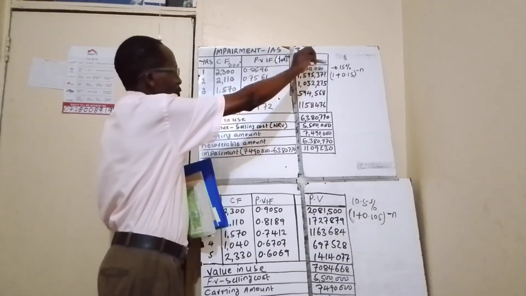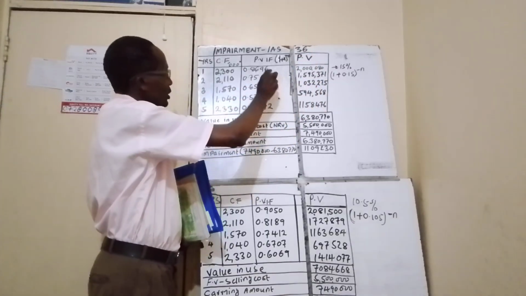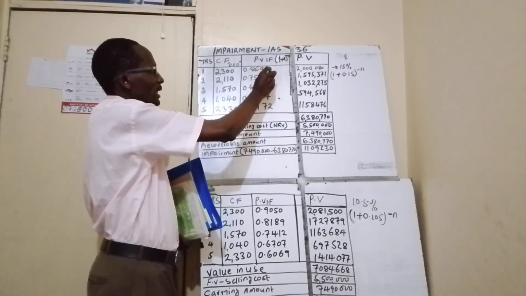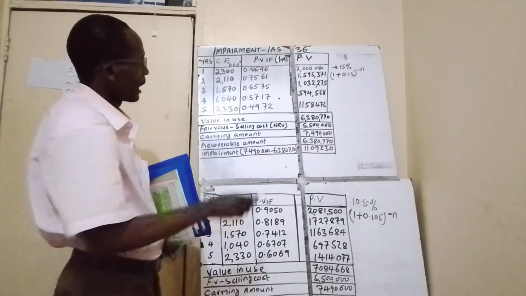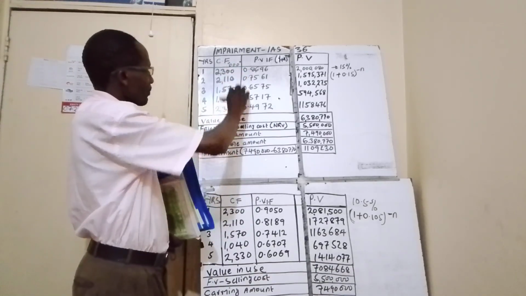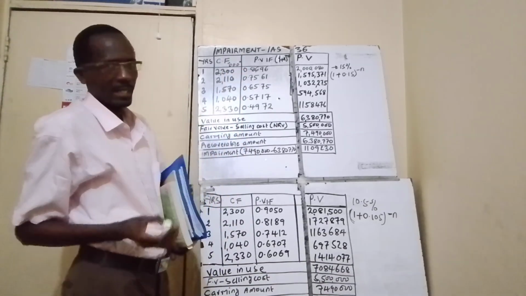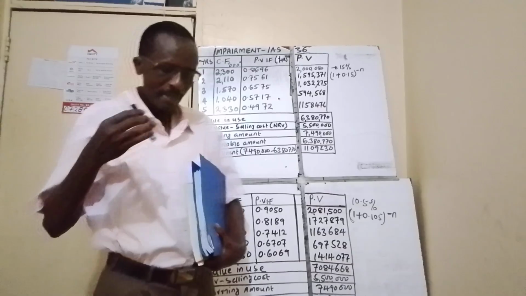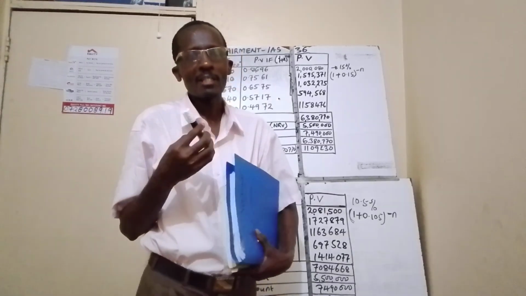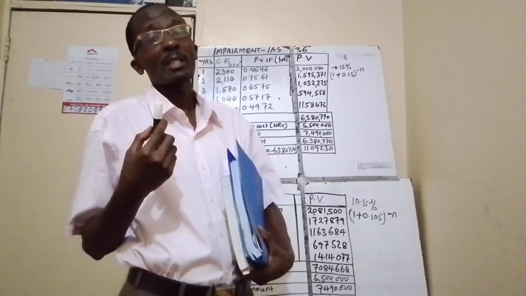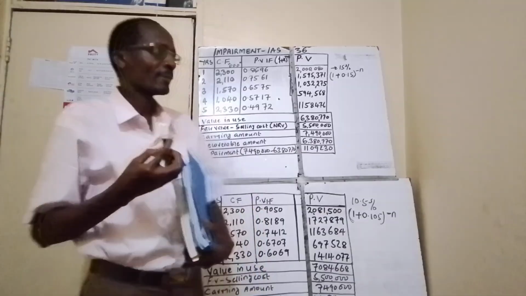And after that, I'll sum these numbers, because I'll be multiplying this present value interest factor by these cash flows. You'll be given the cash flows of that particular asset. That is the expected cash flows that we expect this particular asset to generate.